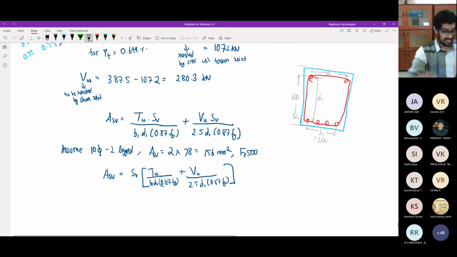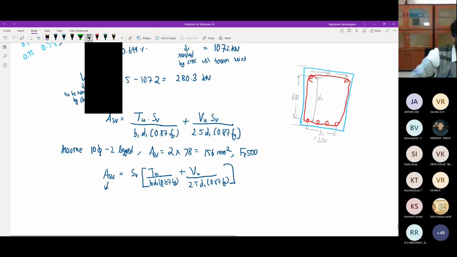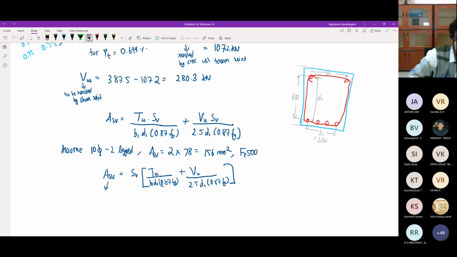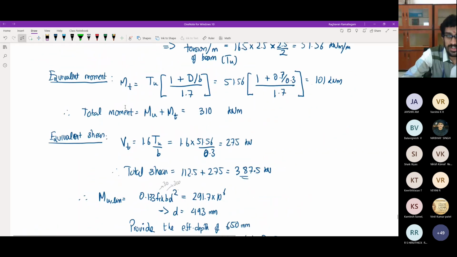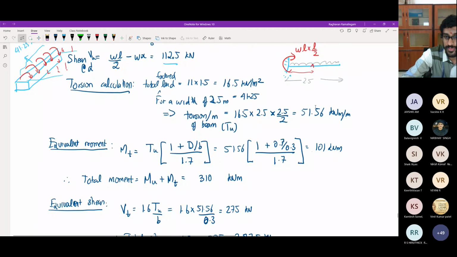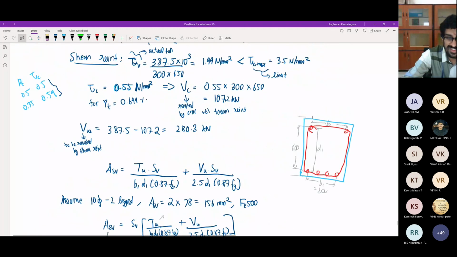Other things I just retained inside the bracket. So this is 156. Tu was 51.56.